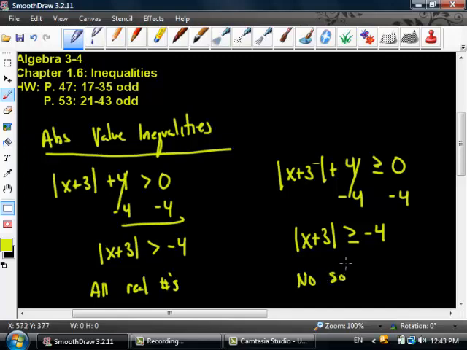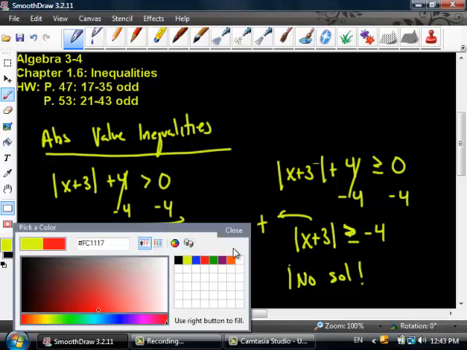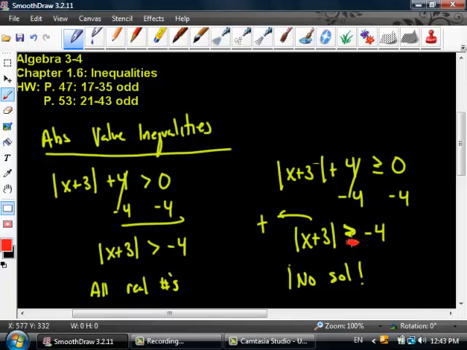Why not? Yeah, this still jumps out as positive, and yet it is greater than -4. We established that with this problem. However, this, and I'll even highlight this in ketchup, this equal sign underneath makes it no solution because there's never a time where a positive number will equal a negative number. Does that make sense, everyone? So when there's an equal sign underneath, game over. It's going to be no solution.